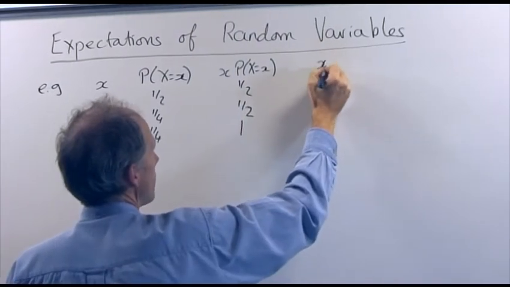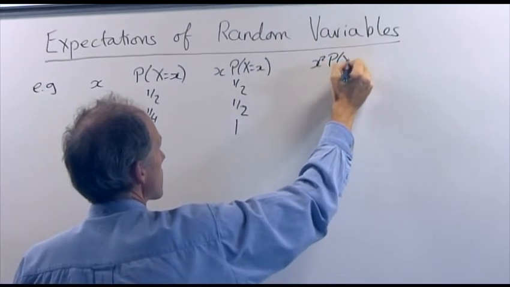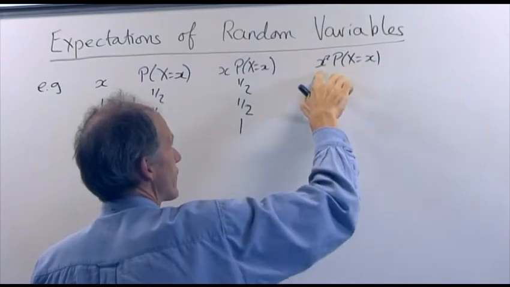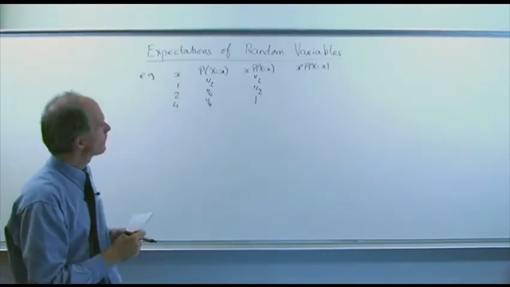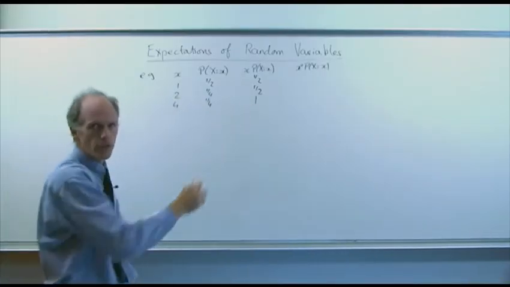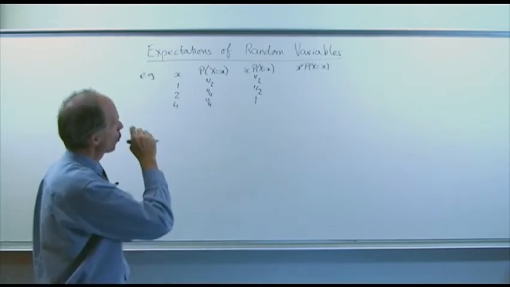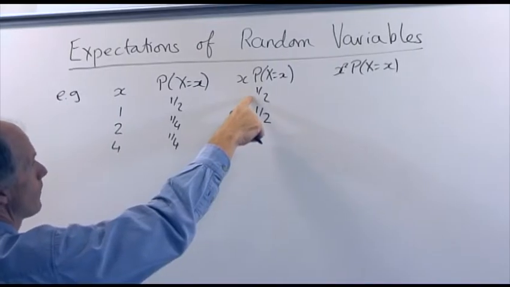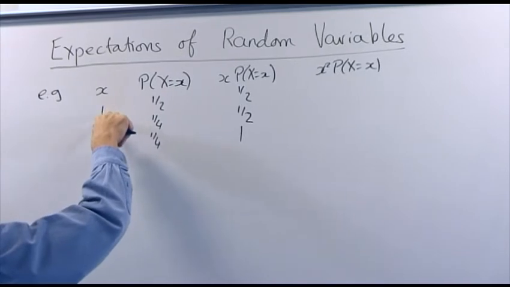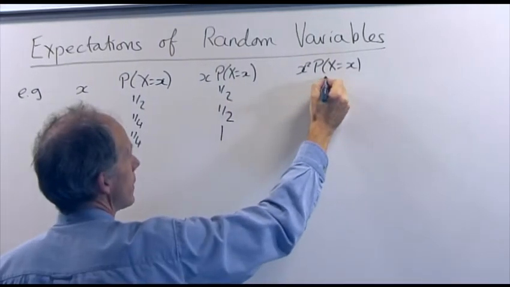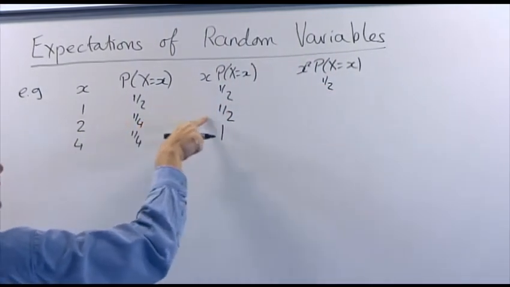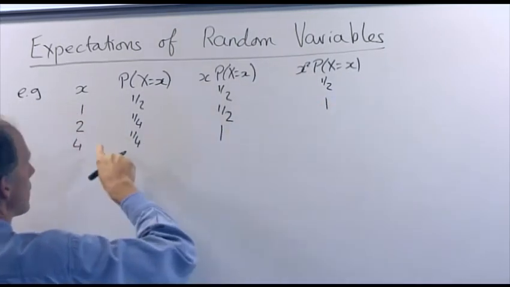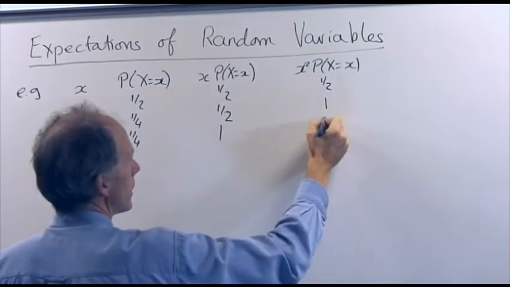And now we're going to take the product of x squared with the probability. If you write it in this way, which is a very useful way to lay it out, all we're doing now is multiplying this column by the first column. So 1 times a half is a half, 2 times a half is 1, and 4 times 1 is 4.